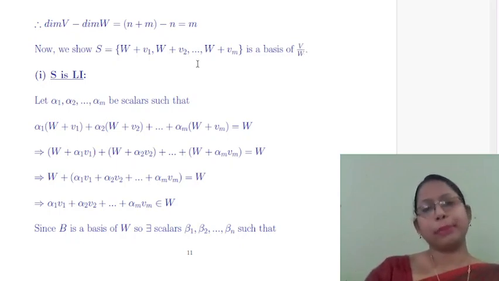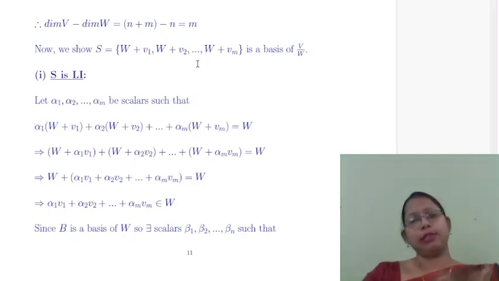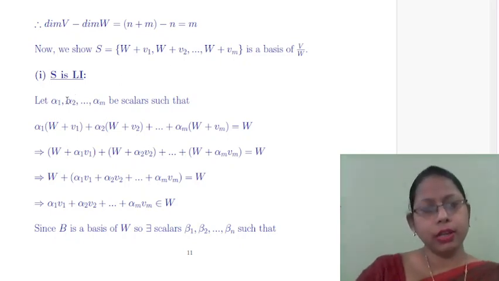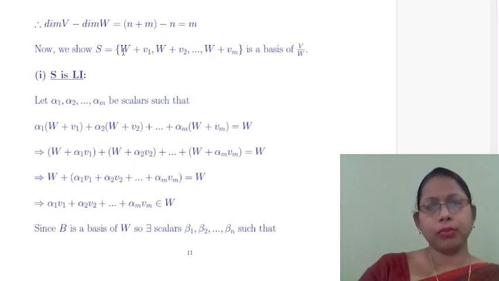To show S is a basis, we have to show S is linearly independent, as well as the linear span of S is equal to V/W. First, we are going to show S is linearly independent. For that, we consider scalars α1, α2, ..., αm such that the linear combination of scalars with the elements of S is the zero of V/W, that is W.